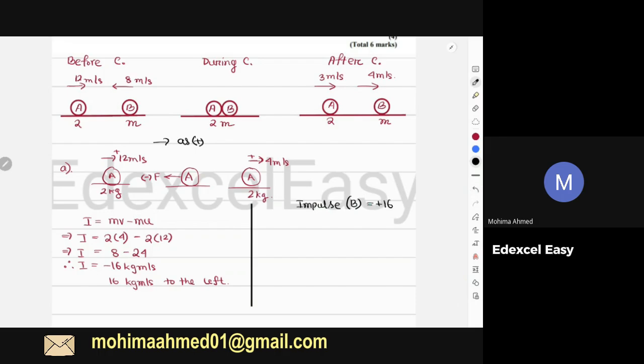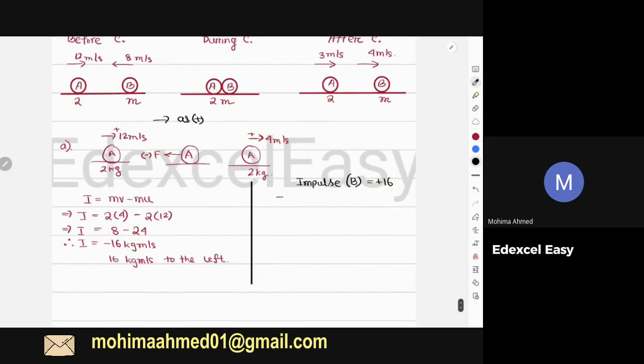Because for particle A, a force was exerted to the left, A will exert an equal magnitude of force on B to the right. And as the force on B acts in the right direction, the impulse will also be in the right direction. Right was considered positive, so the impulse for B becomes positive.